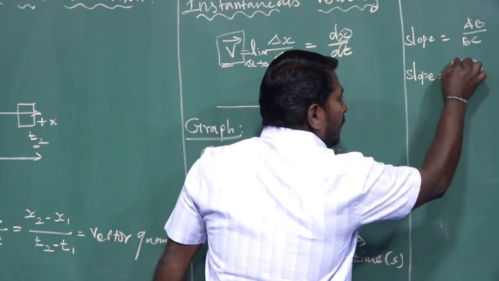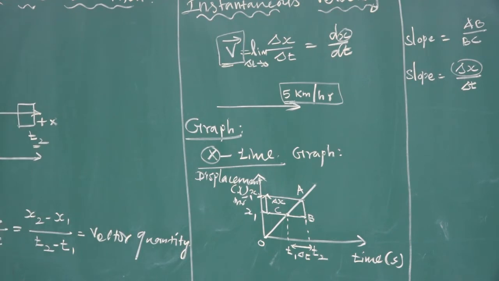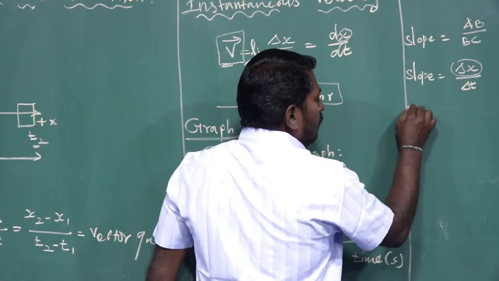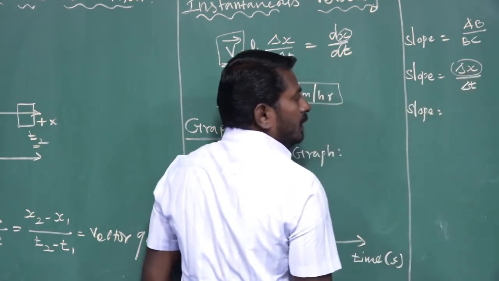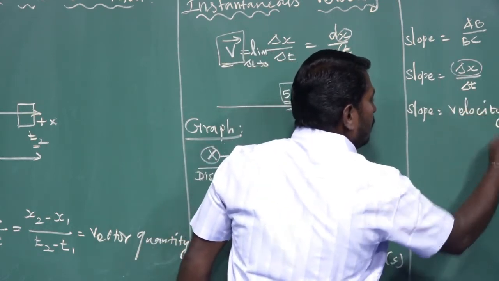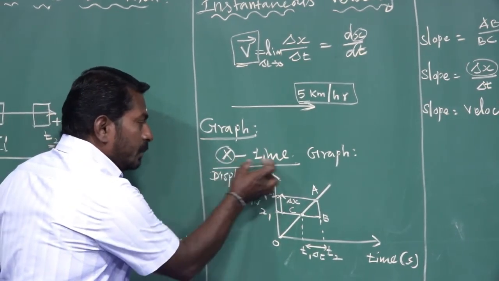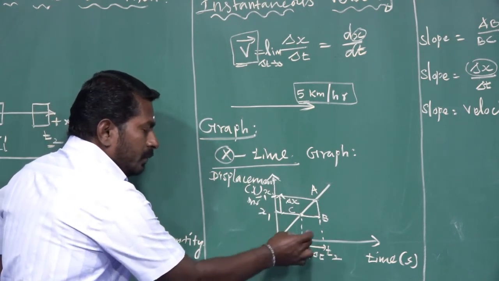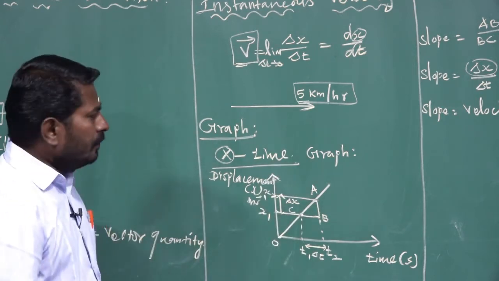So the change in displacement divided by the change in time interval is equal to the average velocity. The slope is the change in displacement divided by the change in time interval, which is the velocity. So in the displacement versus time graph, the slope value gives the velocity.